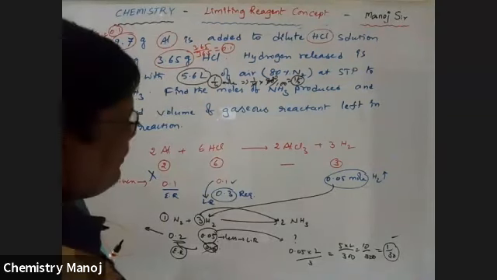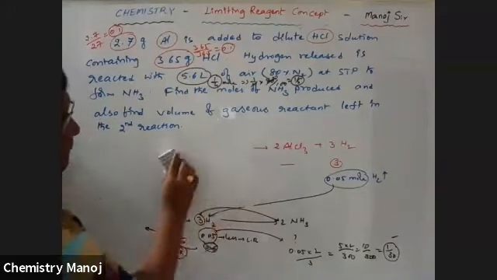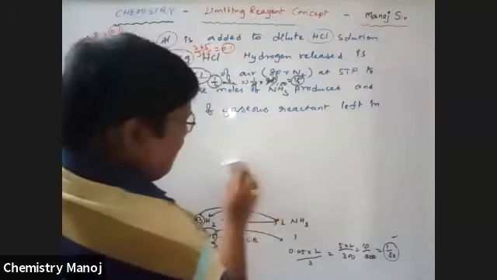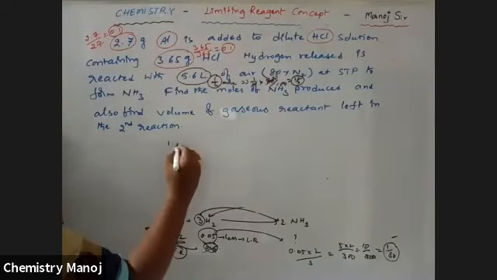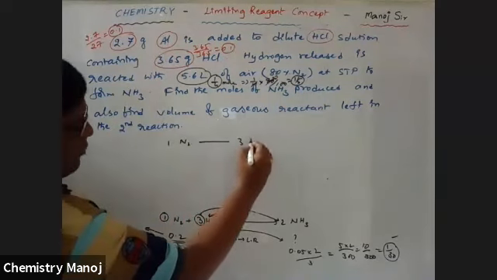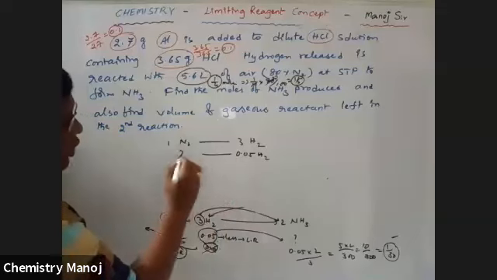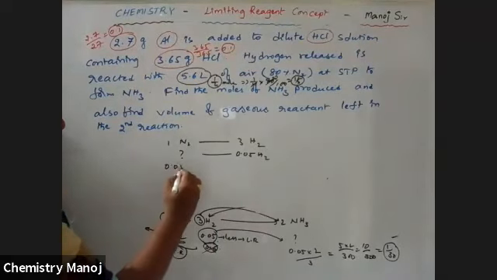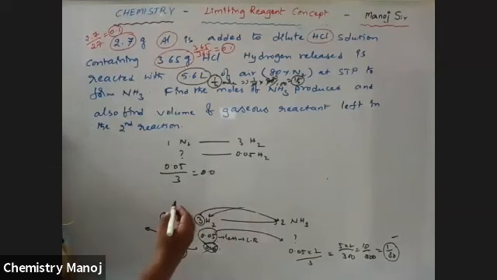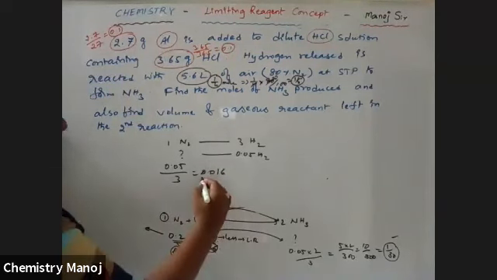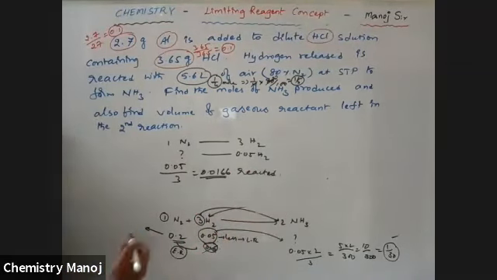See here, boys, I am going to take further calculation. 1 mole nitrogen reacts with 3 moles hydrogen. Here 0.05 mole hydrogen reacted. How much nitrogen reacted? That is 0.05 by 3, that is 0.0166. That much reacted.